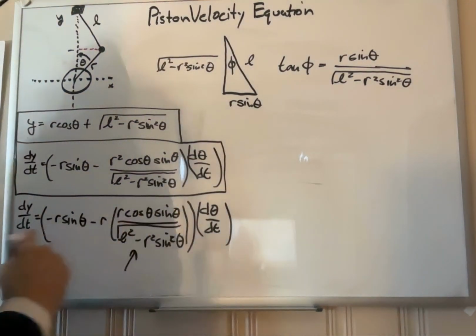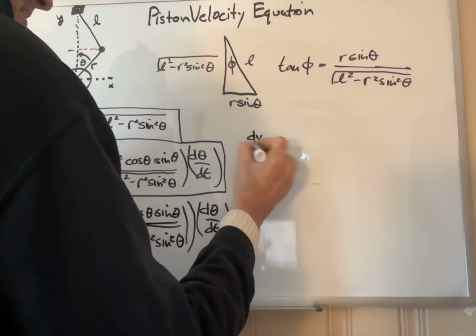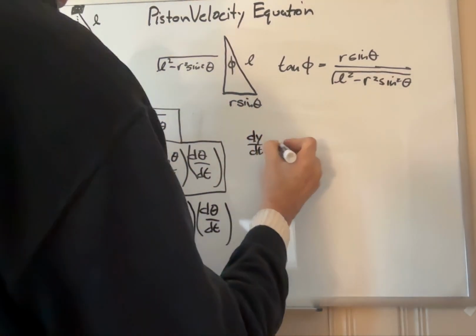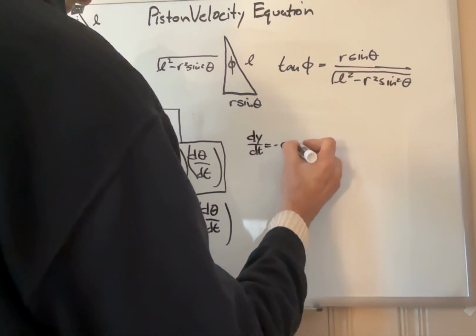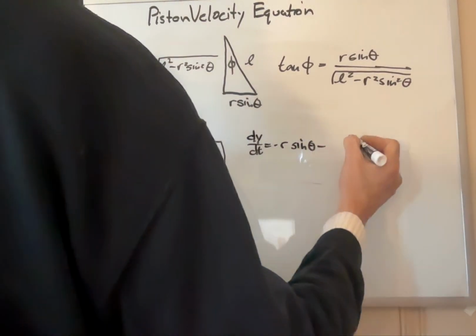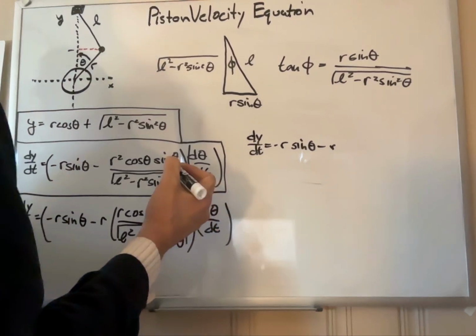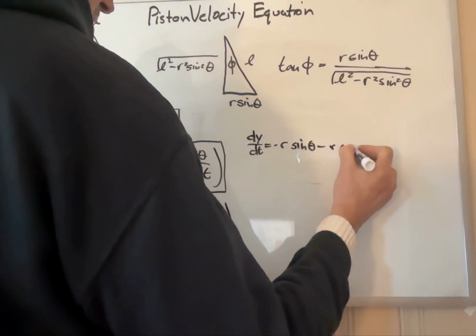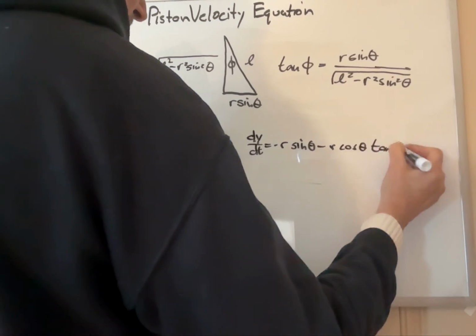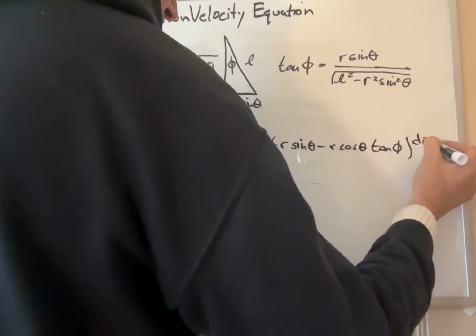All right, so in reality, let's look at our equation again. In reality, dy dt is going to be equal to negative R sine theta minus R cosine theta tangent phi. And we take this whole thing and we multiply by d theta dt.